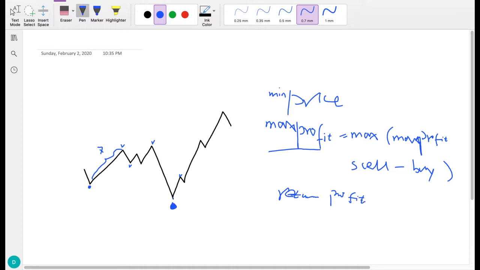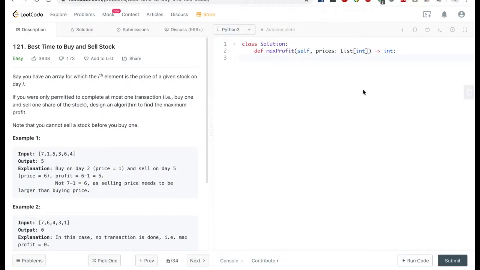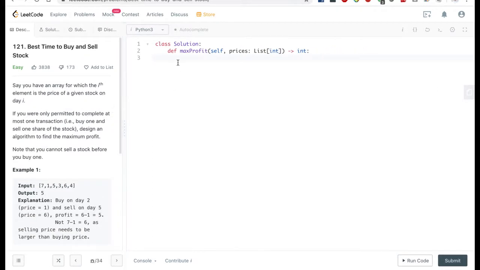Okay, so let's have a look at the program. So the edge case is if not prices, return 0. Also if length equals 1, then we should return 0.